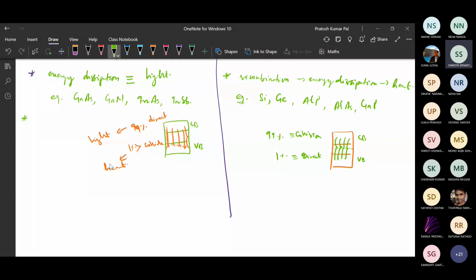So most of the colliding electrons are going to dissipate heat.